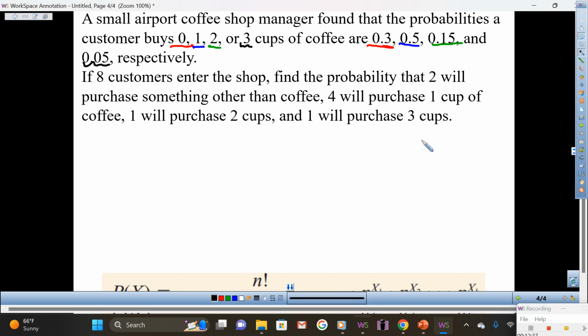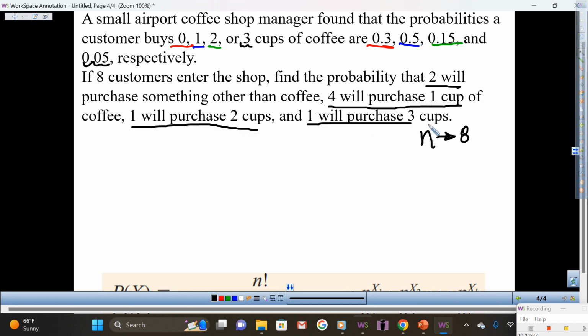So let's see. What is N? 8, okay. All right. Now, how many probabilities are they asking us to find? They're asking us to find, let's see, 1, 2, 3, 4. So that means x of 1, x of 2, x of 3, x of 4.